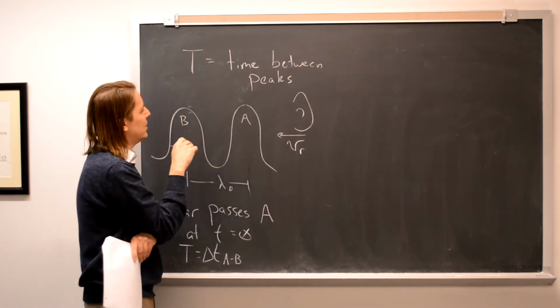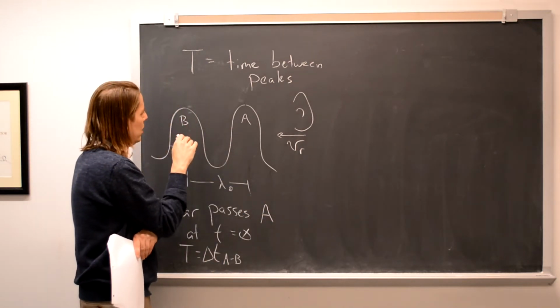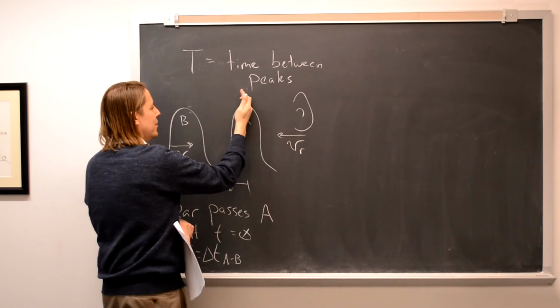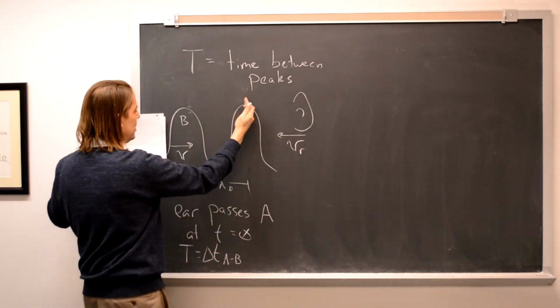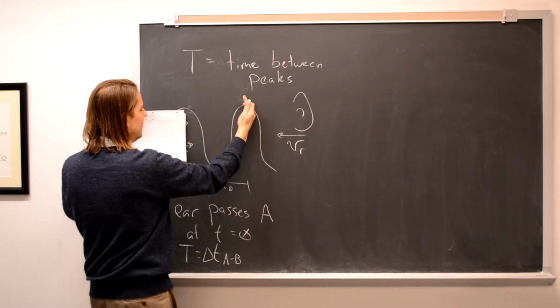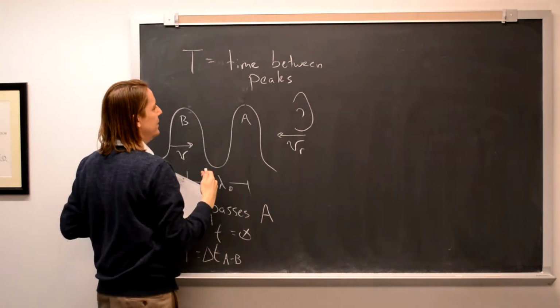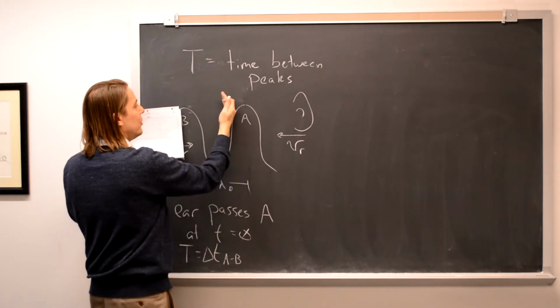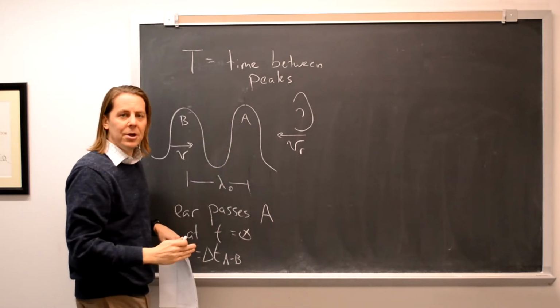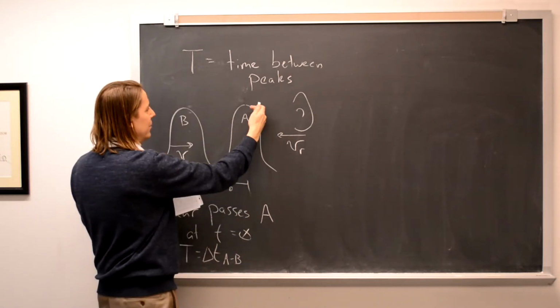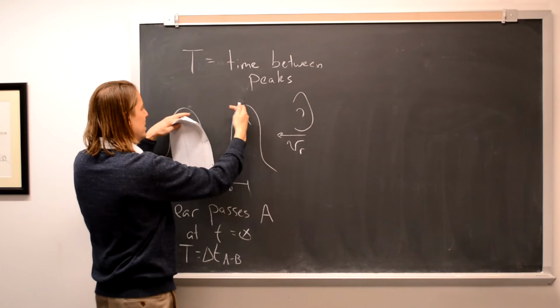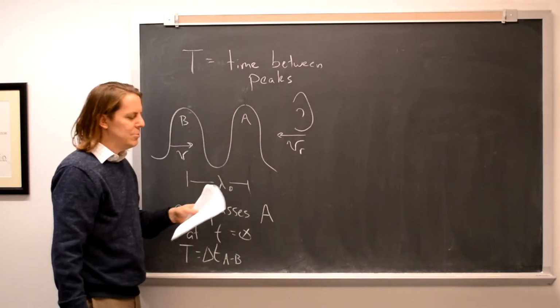So how do we do that as a kinematics problem? Well, if the ear is here and it's not moving, we could wait for this peak moving at V to get there in delta T. But if the ear is moving, it'll cover some of the distance itself. So we're seeing how long it takes the ear going this way and B going that way to meet each other.